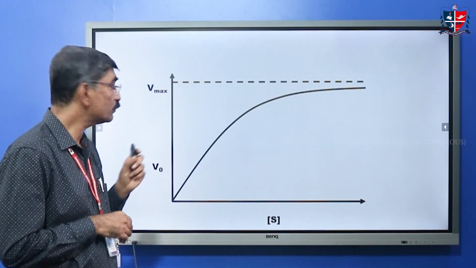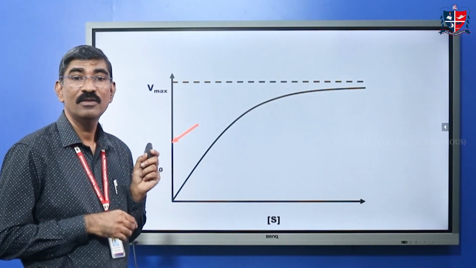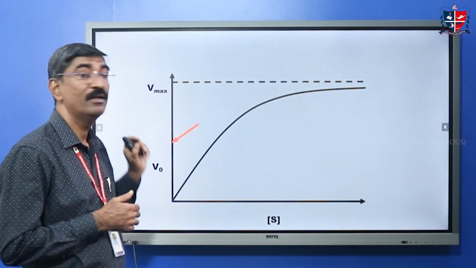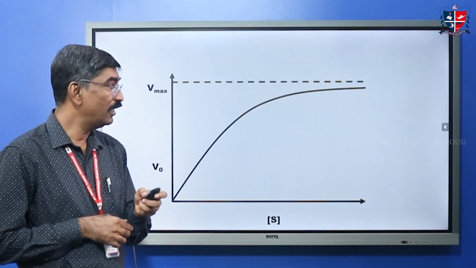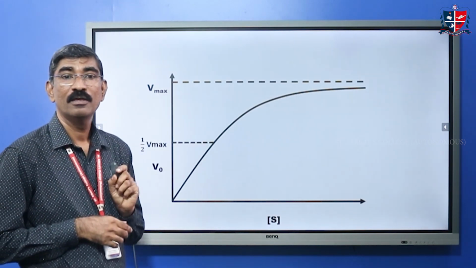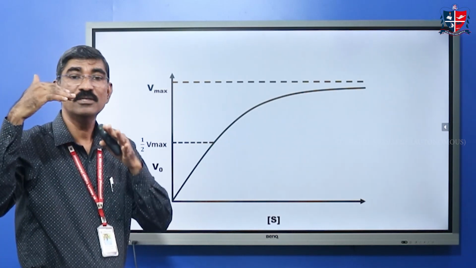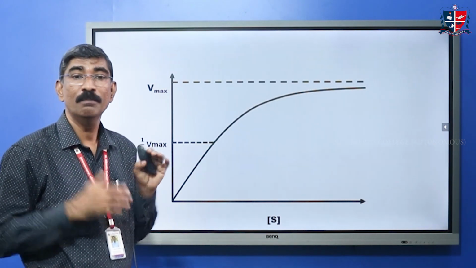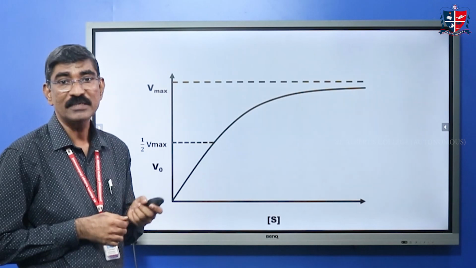And look at this point. You can see that it is halfway to the maximum velocity. It can be denoted by half Vmax. That velocity is half of the maximum velocity that can be achieved by this reaction.